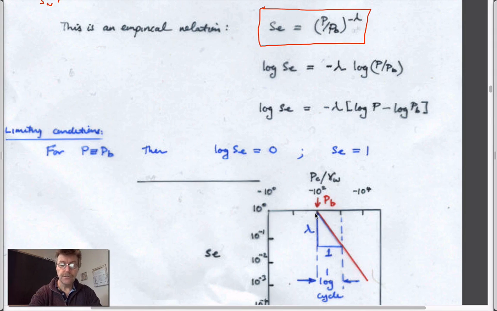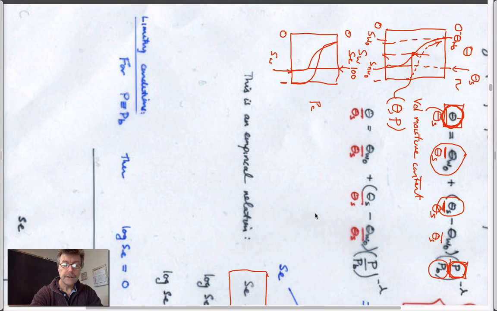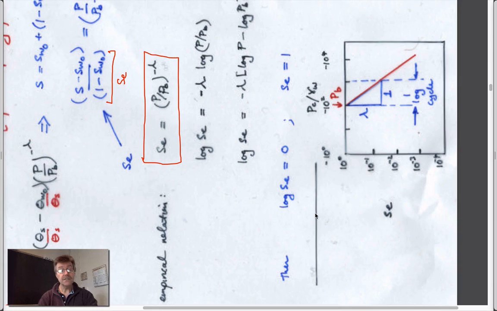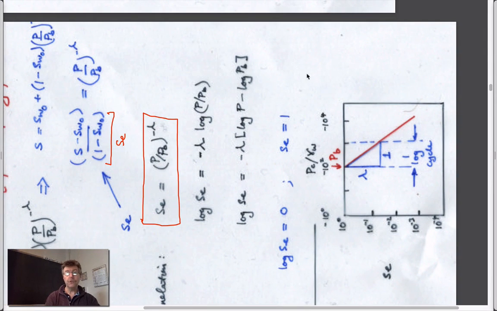I hesitate to do this because it's going to screw you up, but bear with me. This is the same curve we drew before, right? We said y equals mx plus c.